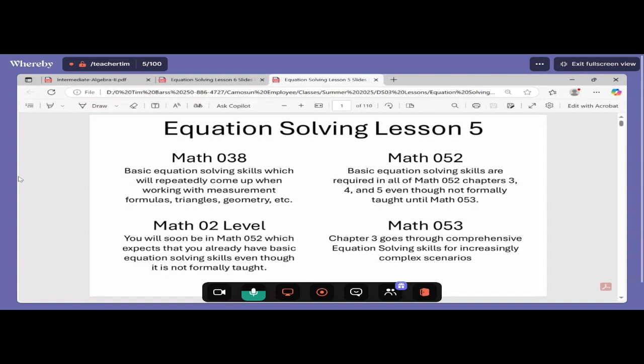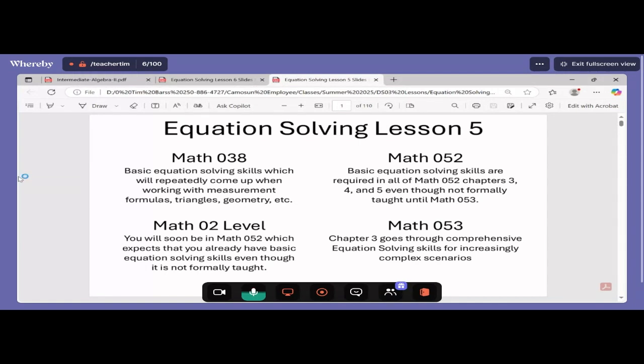It comes up a lot, sorry, in chapter 3, I should have said. It comes up a lot in chapter 4 of 052, where you're working with area and volume formulas and things like that, and perimeter. And that's actually what we're going to look at today, really similar types to the ones that come up in that chapter in 052.